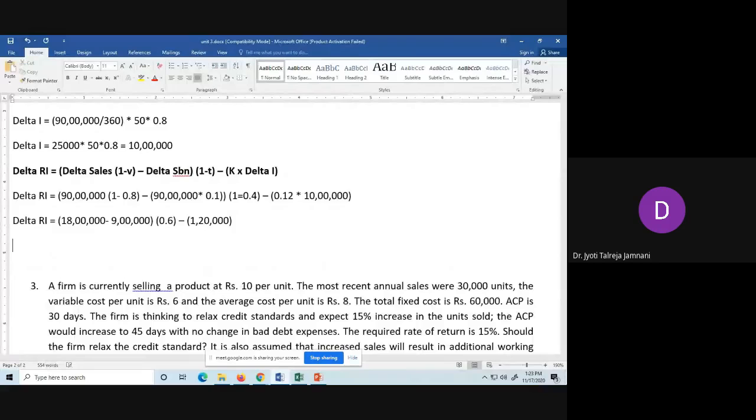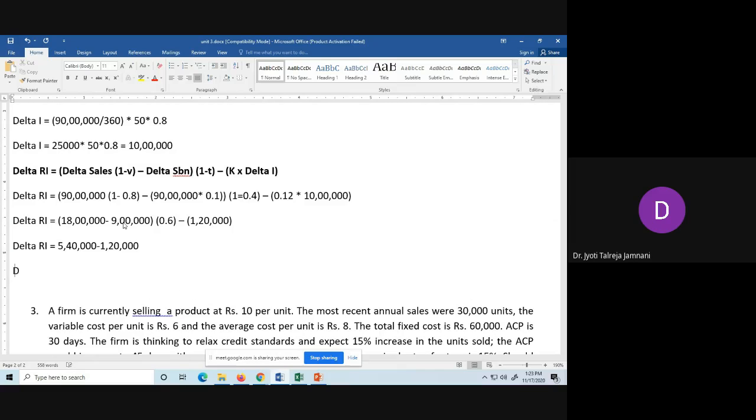So now 18 lakh minus 9 lakh is 9 lakh, into 0.6 you do, 5 lakh 40,000, minus 1 lakh 20,000, which is K into delta I. So how much you get delta RI? 4 lakh 20,000. Is that clear?